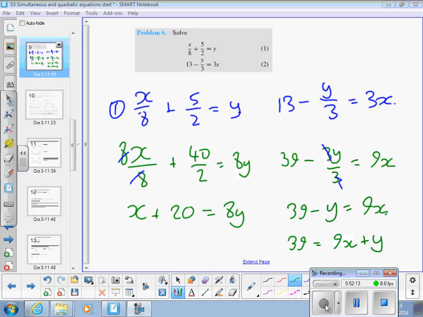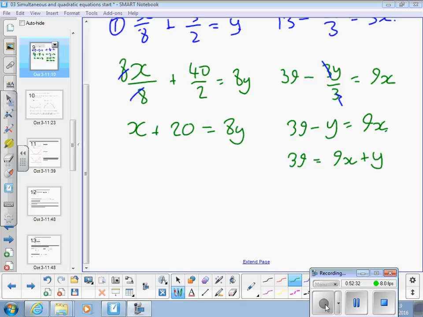We want the two equations, that one and that one, in the same order, don't we? Okay, I can see what you're doing. 39 minus 9x equals y. So you got y over on the right hand side of the equals.